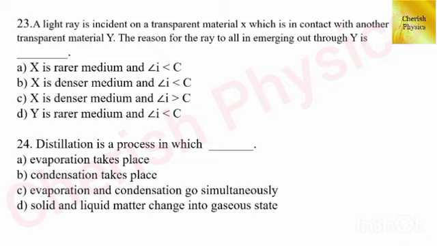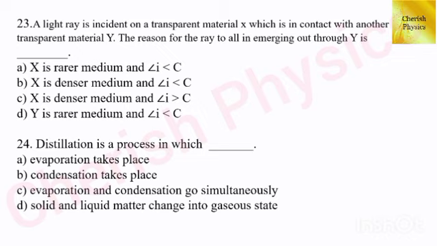A light ray is incident on a transparent material X which is in contact with another transparent material Y. The reason for the ray to fall in emerging out through Y is dash. The answer is option B. X is a denser medium and the angle of incidence is less than the critical angle.